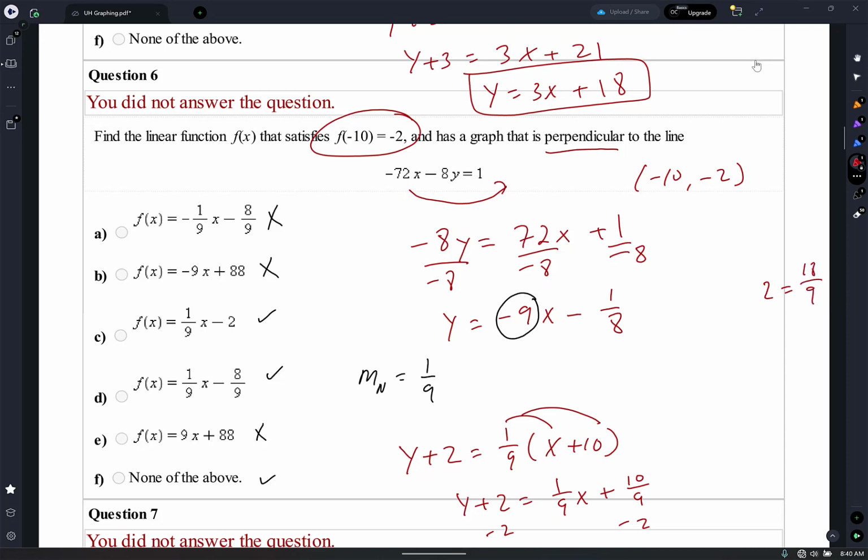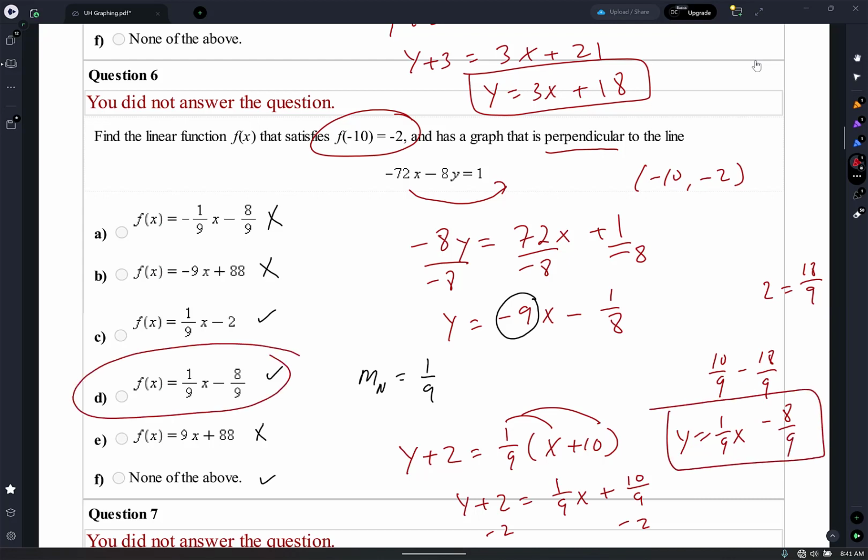So I'm going to go 10 over 9 minus 18 over 9. So here's my function. y equals 1/9 x. 10 minus 18, that's negative 8. So minus 8/9. And I look for that. All this should be review. Have we seen this in some way, shape, or form? Okay.